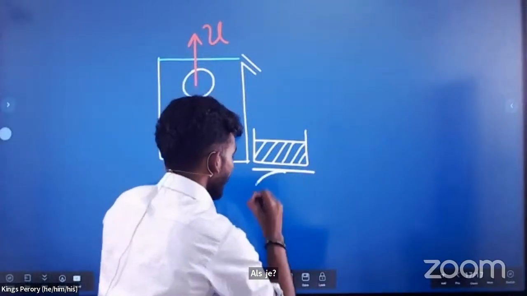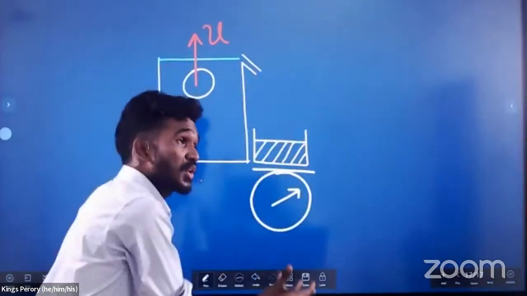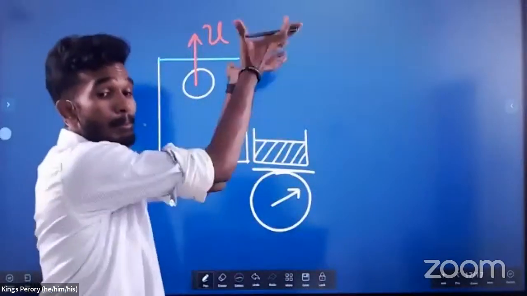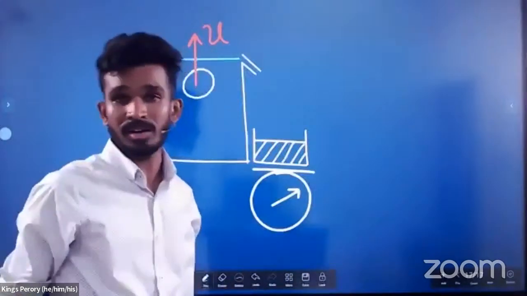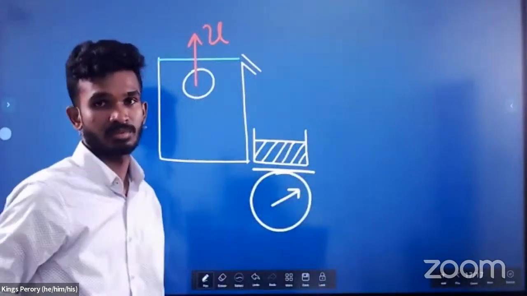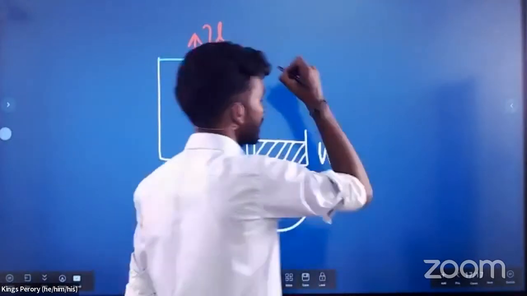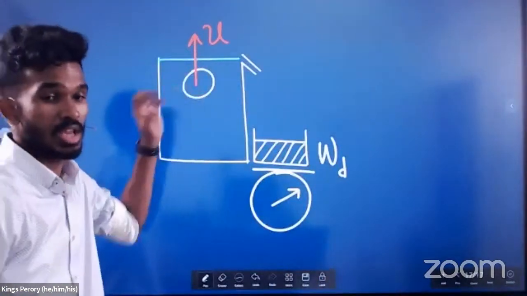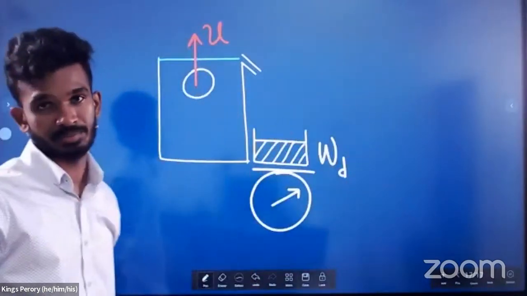I keep a weighing scale there and measure the weight of the displaced fluid. 10 Newton, 20 Newton, 100 Newton, I can measure the weight. Weight of the displaced fluid, not the object.